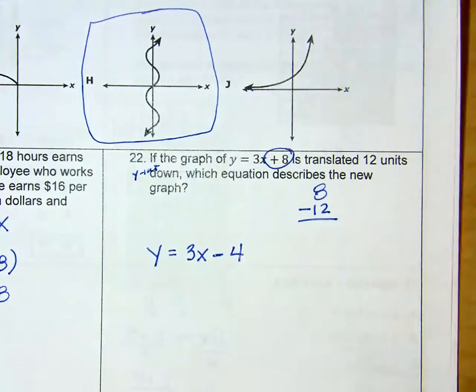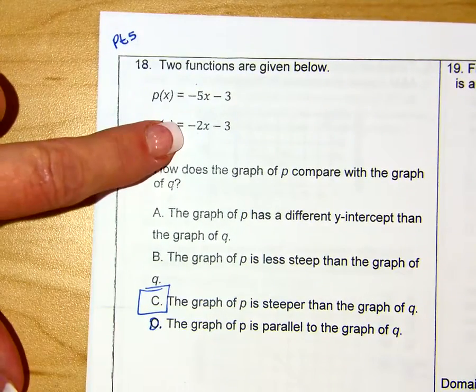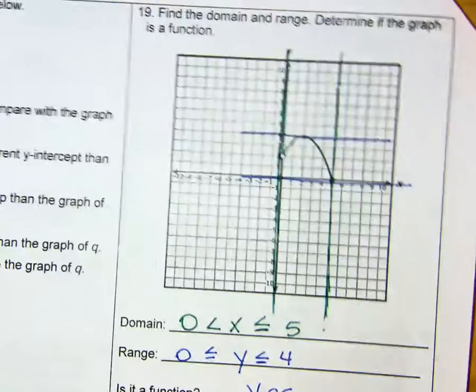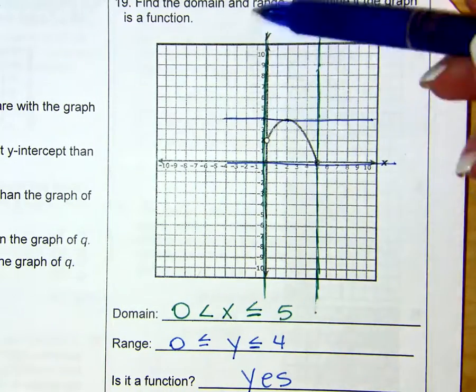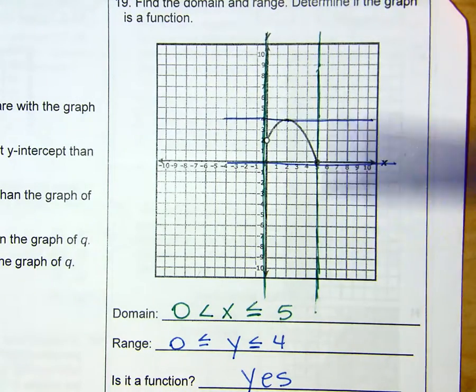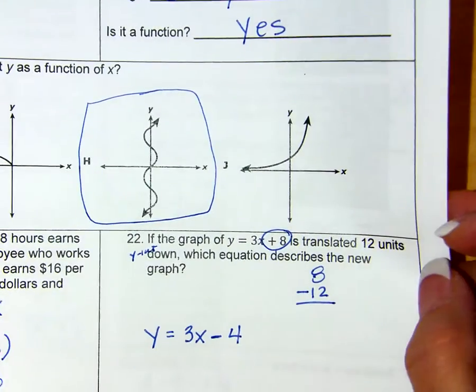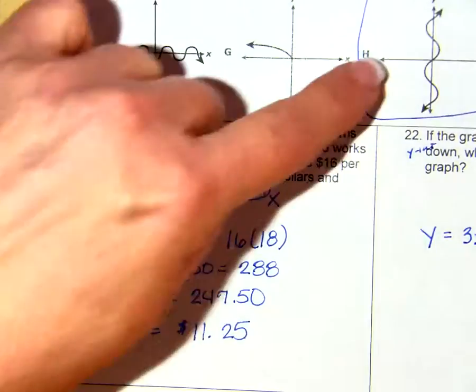So on number 18, we were comparing that negative 5 is going to give you a steeper slope than a negative 2. Here we looked at our domain and our range, and we saw that it passed the vertical line test, so it was a function. We were looking for what did not pass the vertical line test in number 20, and that was h.